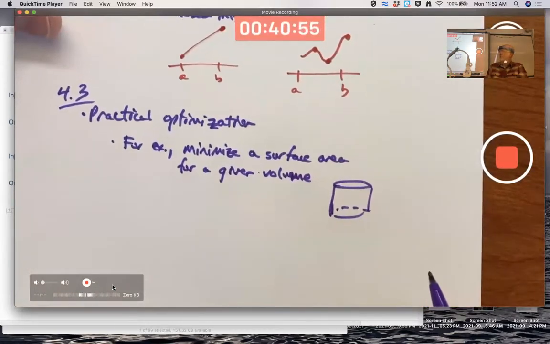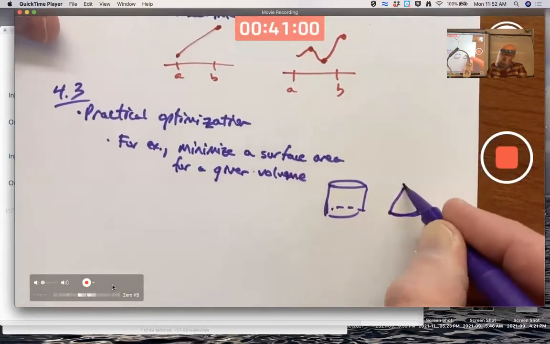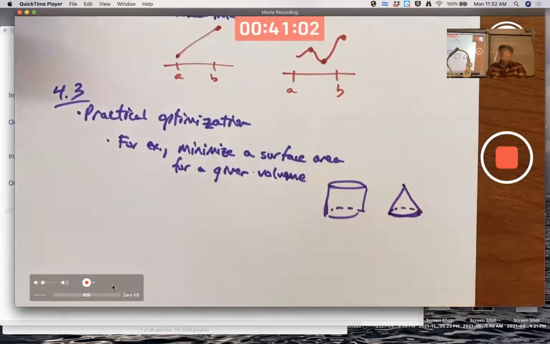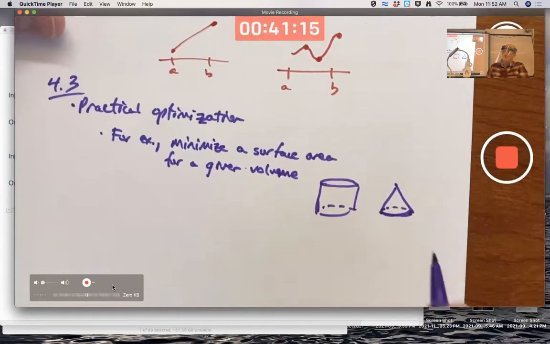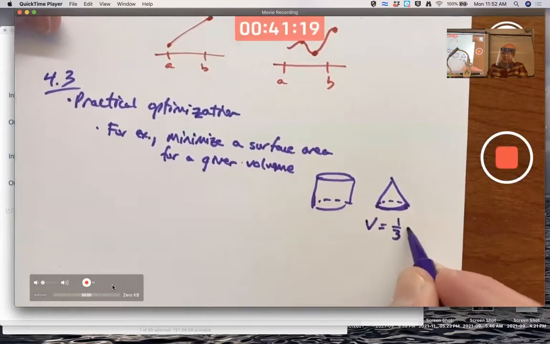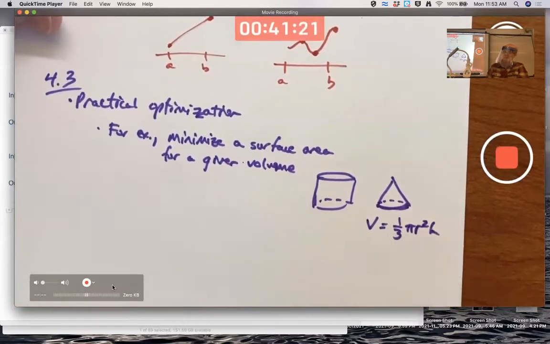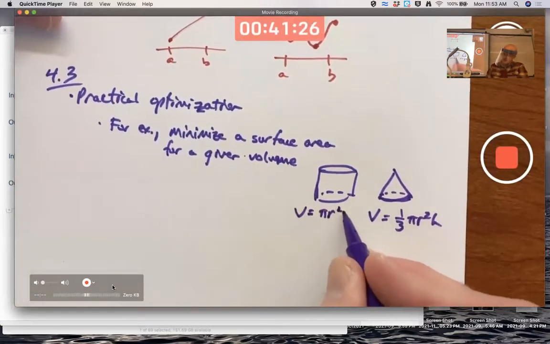Another example I could talk about would be for a cone. You don't need to write the formula for the volume or surface area of a cylinder and cone. Technically, you should know the ones for the volume. Surface area, especially for a cone, might be less clear. You may not remember that, but you really should know the volume formula is 1/3 pi r squared h for a cone, pi r squared h for a cylinder.